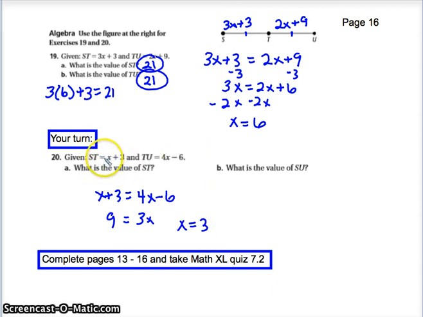That means that ST must equal 6. So SU will be 6 as well. Hold your horses, folks. That's why I've got to be careful here. It asks for the value of SU, which is the entire distance. So that's 6 plus 6, which is 12. Got to be careful with those.